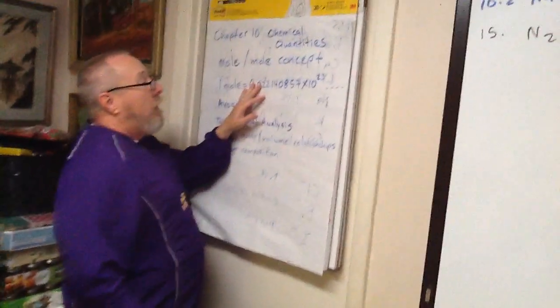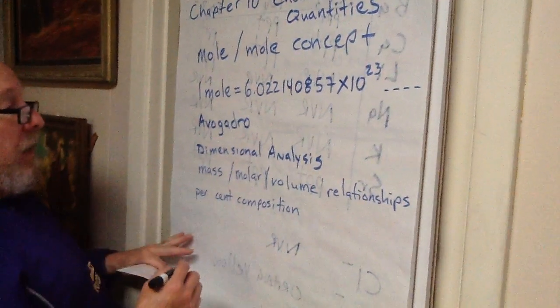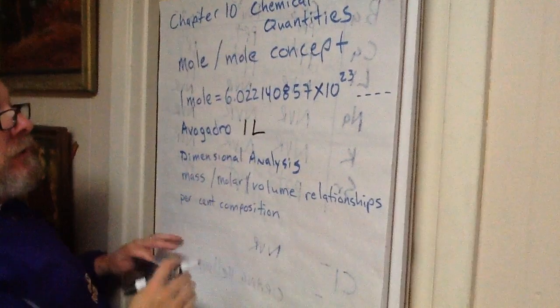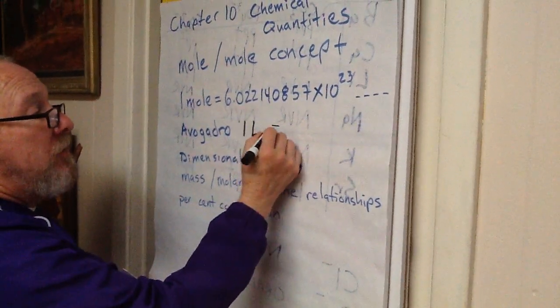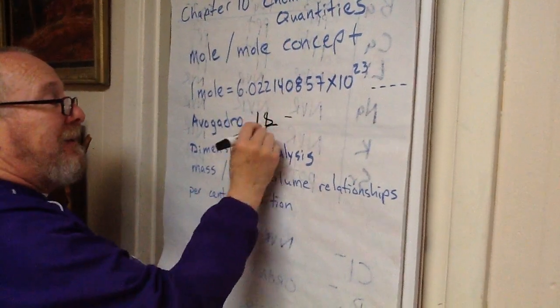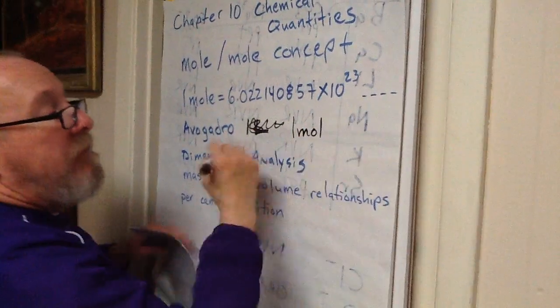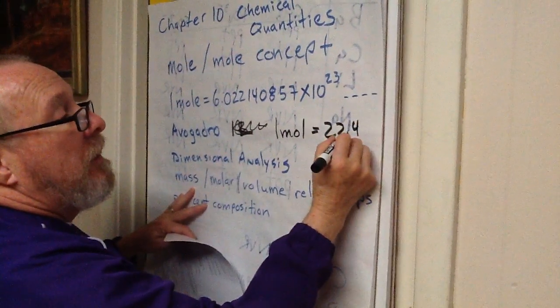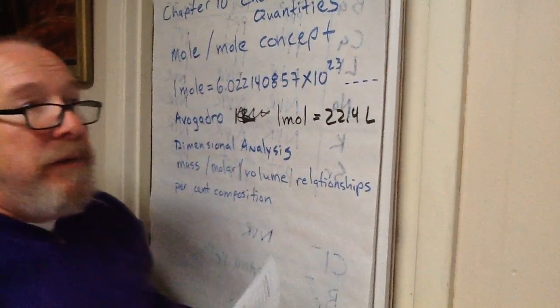We know 1 mole is 6.022 times 10 to the 23rd molecules. And we also know, thanks to Avogadro, that 1 mole, abbreviated mol, of any gas is equal to 22.4 liters, abbreviated L. So that's all we need.